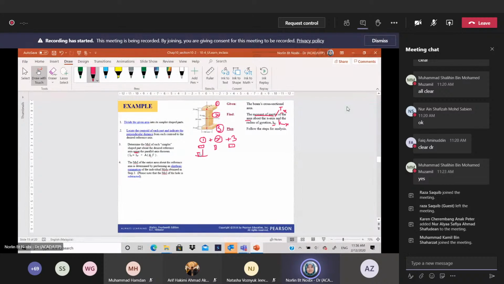The centroid is from the origin until the middle here. So it would be 150 plus 25. So the centroid for the first one is 175 mm.